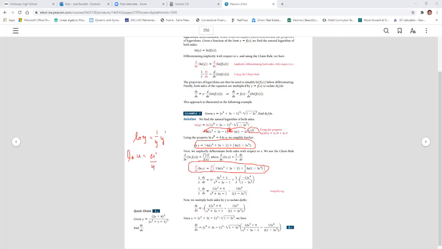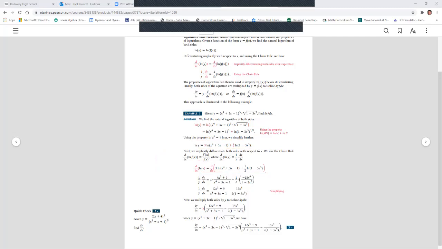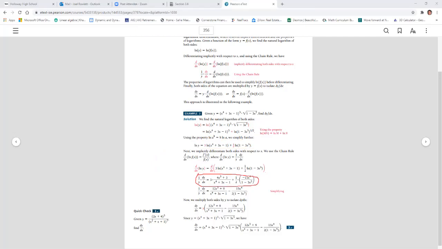So if you take the derivative of the natural log of y, it's going to be dy over y. If you don't remember that, go back and review the derivatives for natural logs. But anyway, the derivative of ln y is dy over y. And we can't forget the dy over dx, or the y prime, right? So 1 over y times y prime, that's the derivative on the left side.